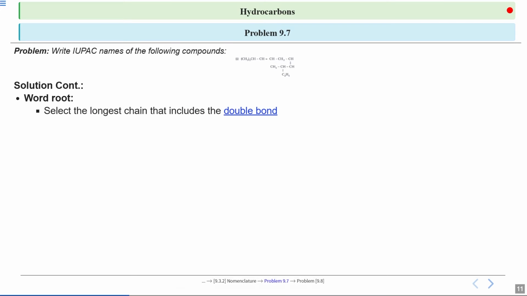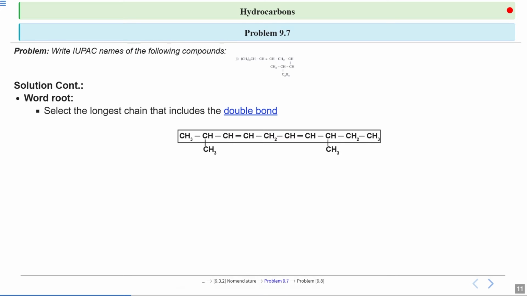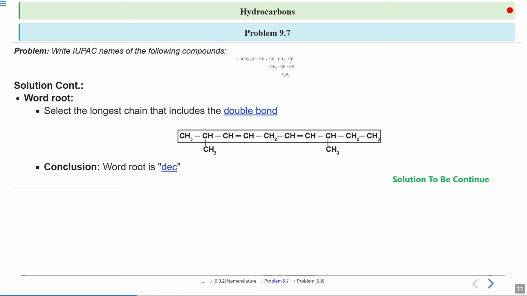Looking at the compound, this is the longest chain which is possible. It includes 2 double bonds, right? And apart from this longest chain, we have 2 substituents also. If you count the number of carbons in this longest chain, it is 10. Therefore the word root is dec.